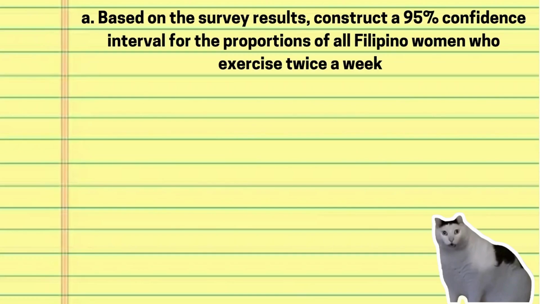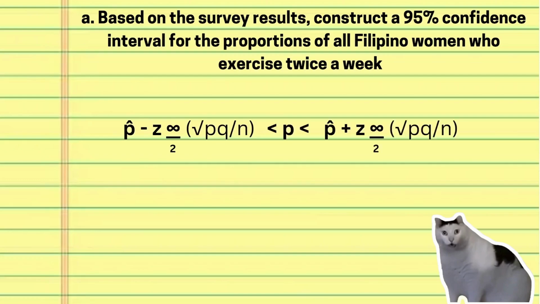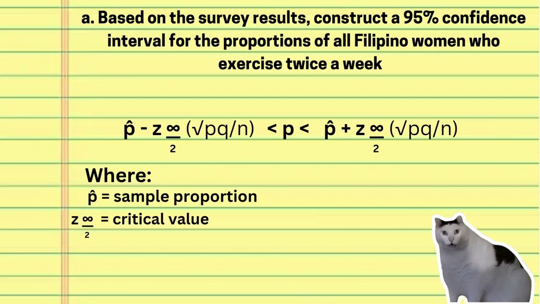The formula for the confidence interval is p hat minus the critical value times the square root of p times q over n, and p hat plus the critical value times the square root of p times q over n, where p hat is the sample proportion, z is the critical value, q is equal to 1 minus the p hat or the sample proportion, and p times q over n is the standard error.